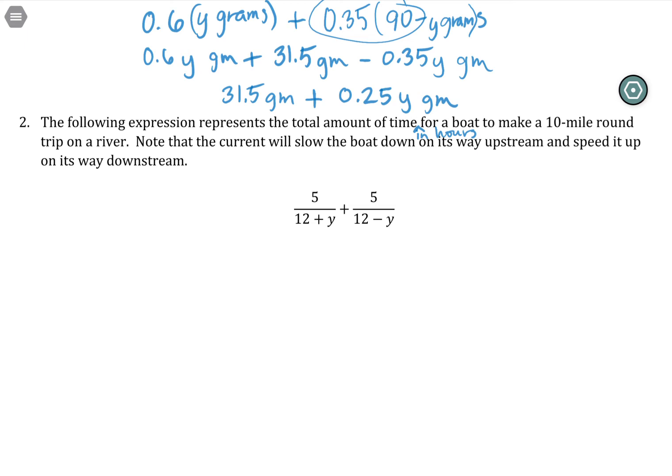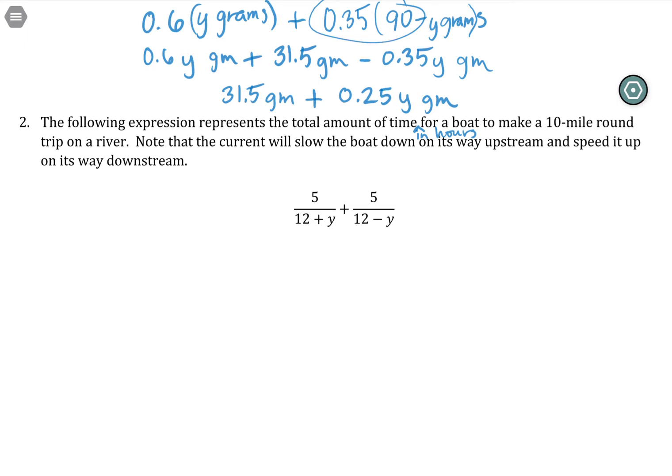We know that on the way upstream, it's going to go slower than on the way downstream. So that does make a difference in how long each part of the trip will take. But they still have to get back from wherever they went and make a 10-mile round trip.